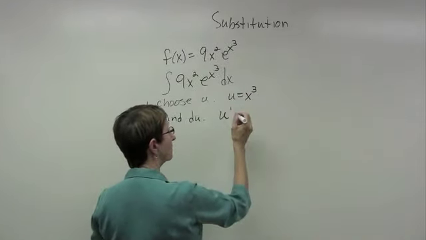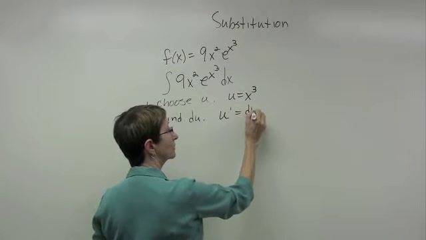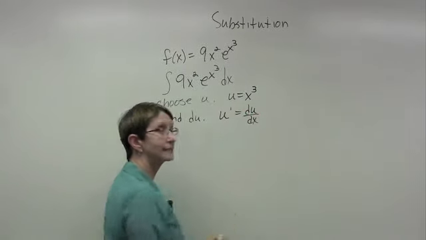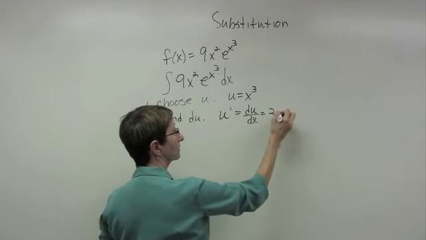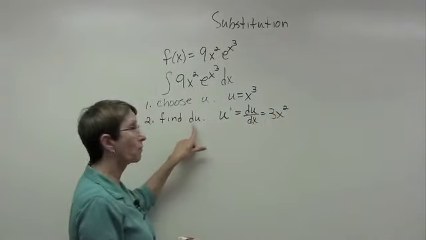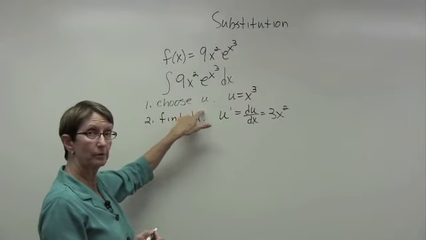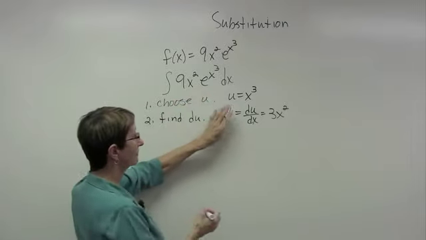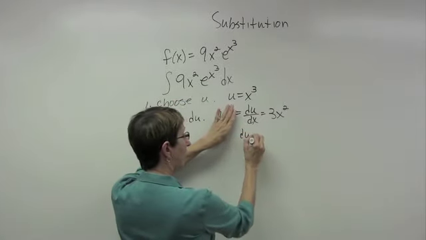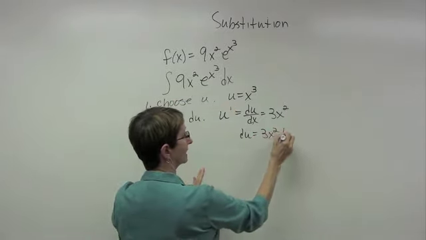So u prime can also be written as the derivative of u with respect to x. And when I take the derivative here, I get 3x squared. But I want a du if my variable is u, like I have a dx when the variable is x. So to find du, I multiply the right-hand side by dx.